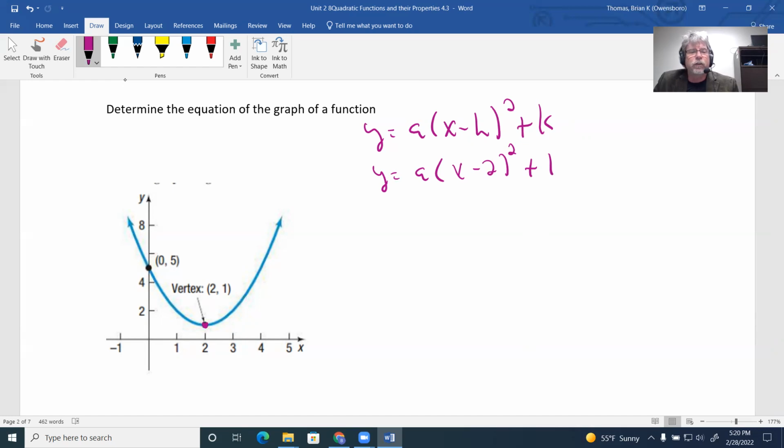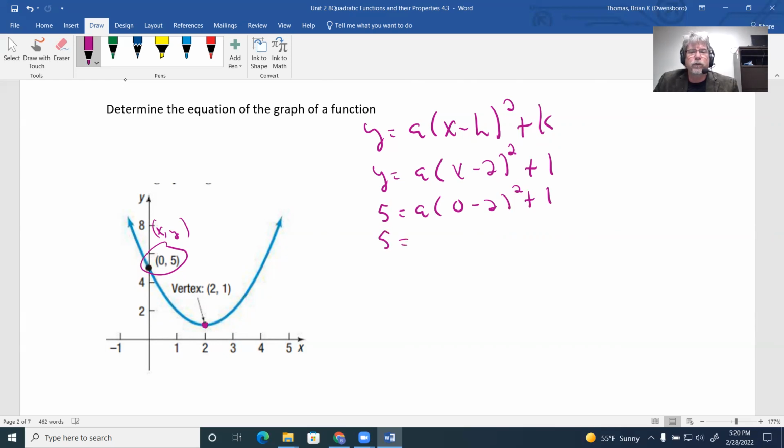To find a, that's where this other point comes into play. Notice how this is an x value and a y value. So the 5 goes in for y. We don't know what a is, but I can replace x with 0. So we have 0 minus 2 squared plus 1. So this allows me to then solve for the coefficient a.